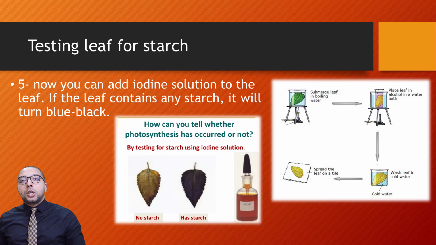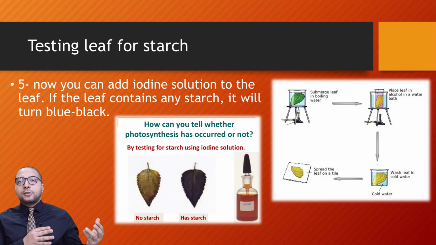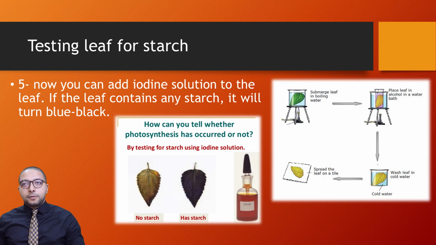So based on the experiments, as you can see in the picture, when we have no starch, we have the same color of the iodine, and when the iodine changes into a darker color, this indicates the presence of starch inside the leaf. This indicates that the leaf has done photosynthesis and has changed the glucose into starch to store it inside the leaf.